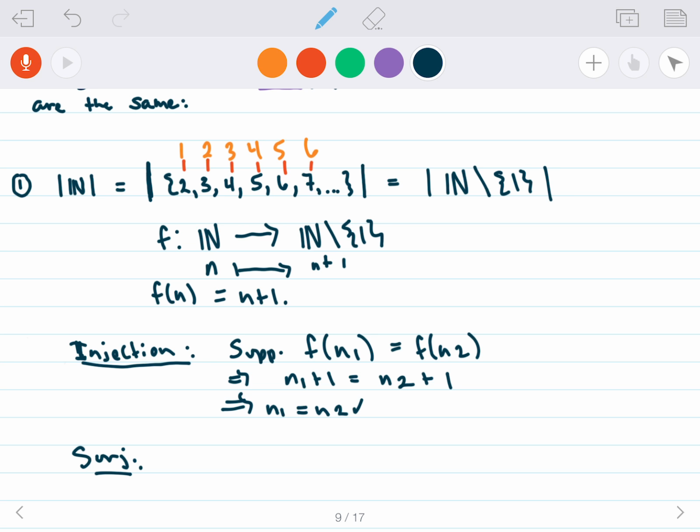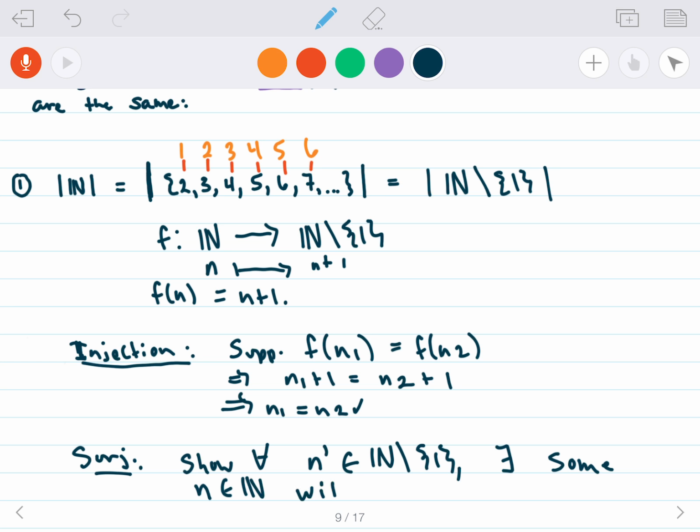So to show: for all n prime in the naturals without 1, there exists some n in the naturals with f of n equal to n prime.